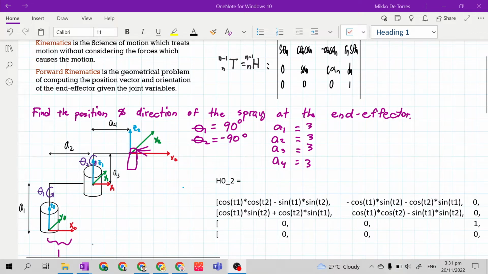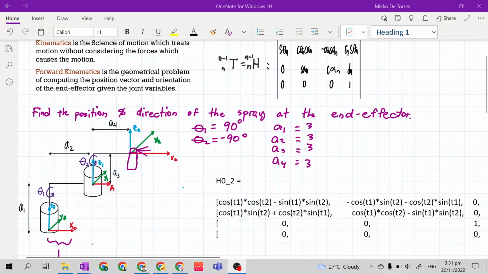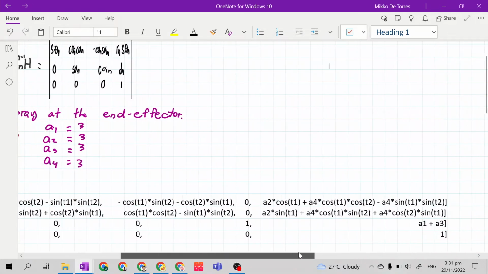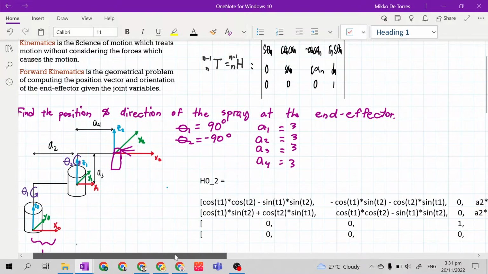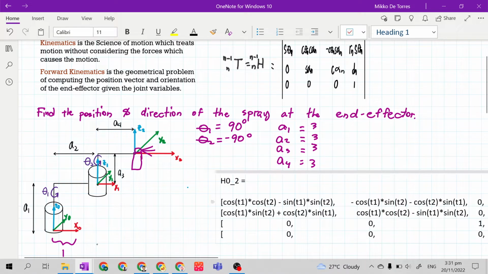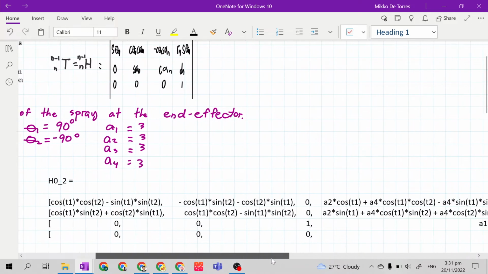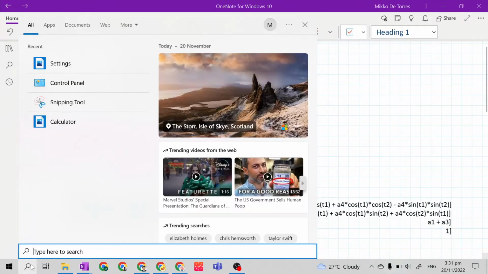So let's just give them 3 units. After getting the homogeneous transformation matrix, to answer this you will just substitute the values of the joint variables and the link lengths in our homogeneous transformation matrix.